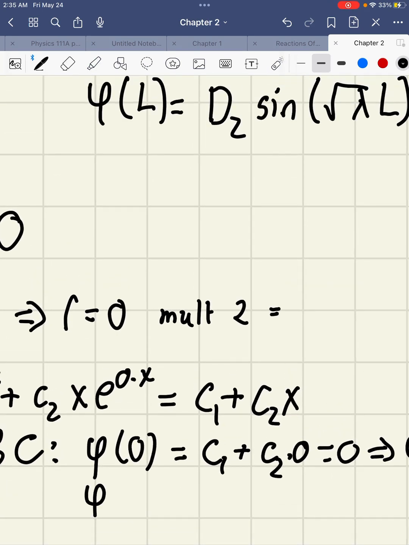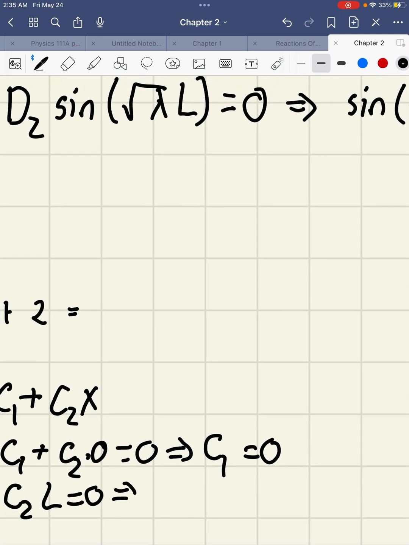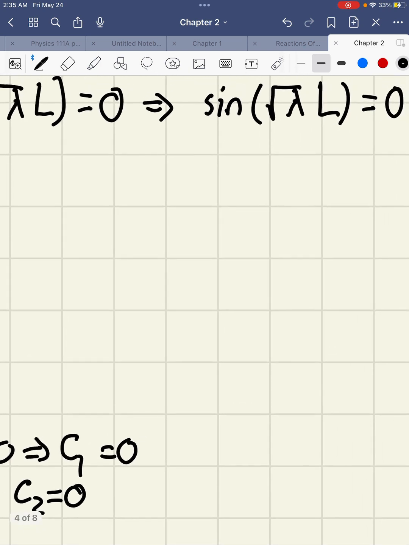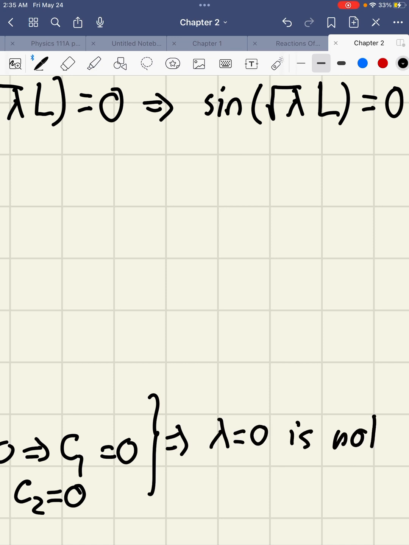Now for phi of L, that's equal to C2L, which is equal to 0. Therefore, my C2 is also equal to 0. So therefore, lambda equal to 0 is not an eigenvalue.